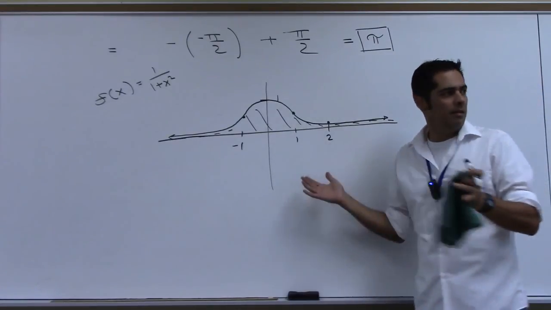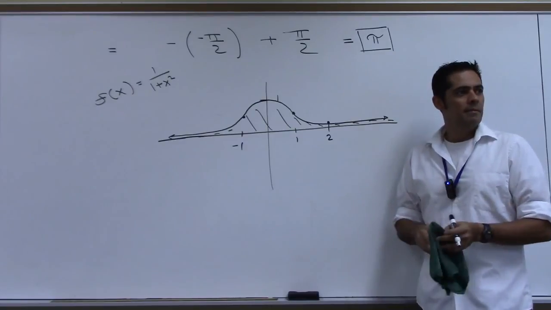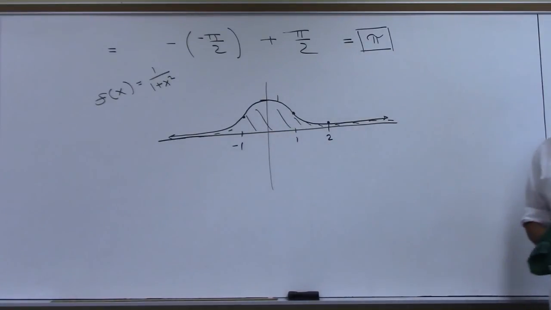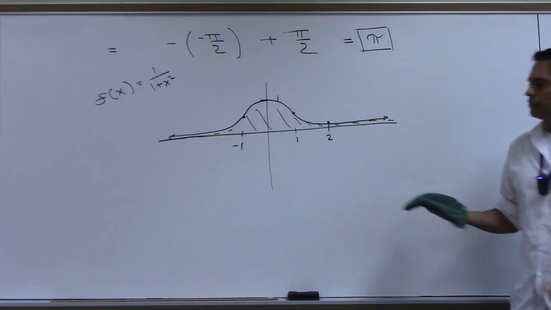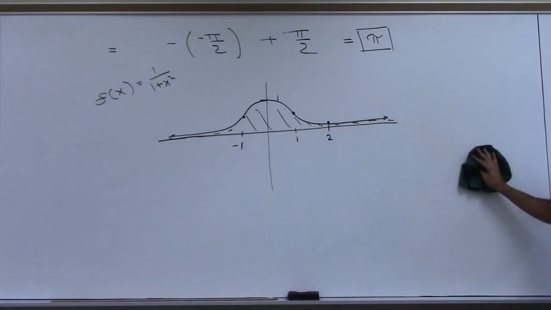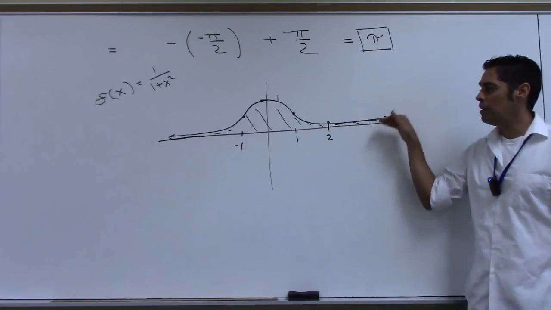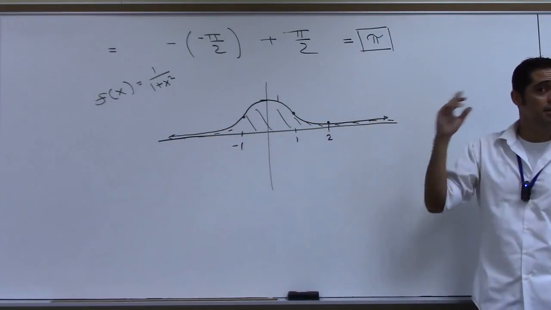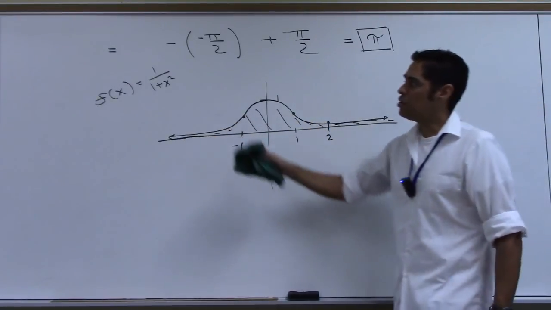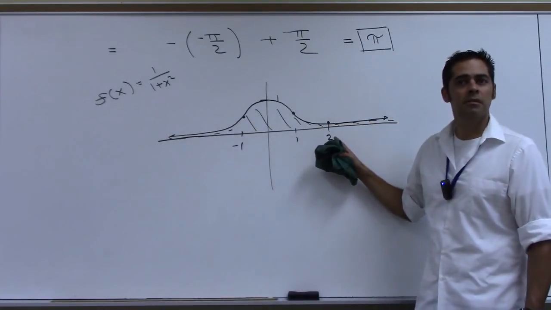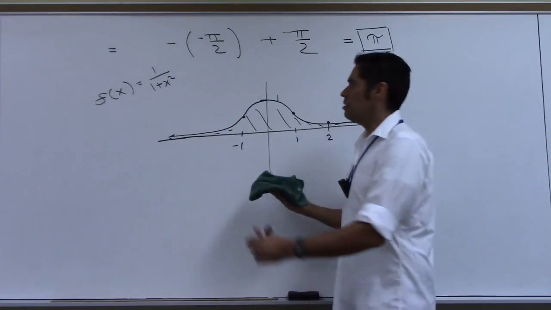Now we could never do that, but the further out you go, the closer and closer you get to pi. Make sense? And this ties into what I was talking about last time, probability density functions. If you have a probability density function in statistics, you want the area under the curve to be 1, right? So how could I tweak this function so that the area under here is 1? What would I have to do with it?